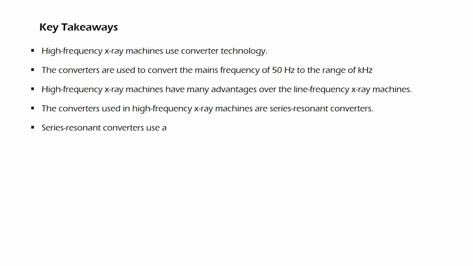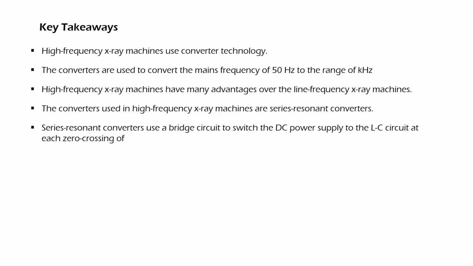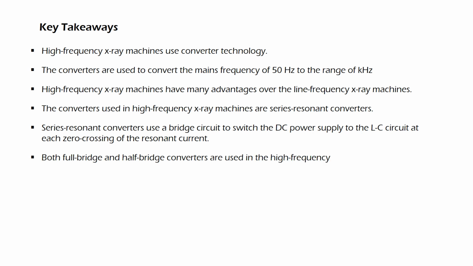Series resonant converters use a bridge circuit to switch the DC power supply to the LC circuit at each zero crossing of the resonant current. Both full bridge and half bridge converters are used in the high-frequency X-ray machines.